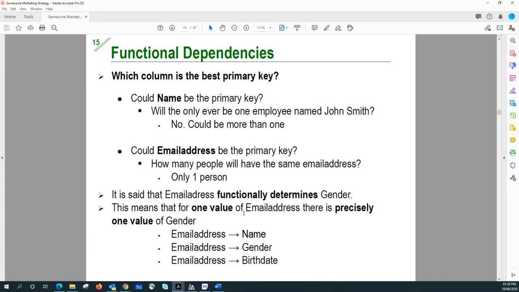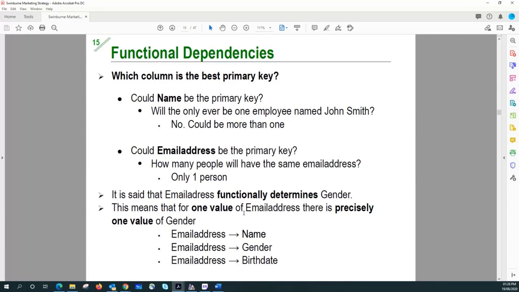How about the email address? Can I take the email address? If I know the email address, can I know who that person is? What is the name of that person? Date of birth? Yes, of course. Because email address usually we are not sharing with others, right? Each person has a single, unique email address, right?